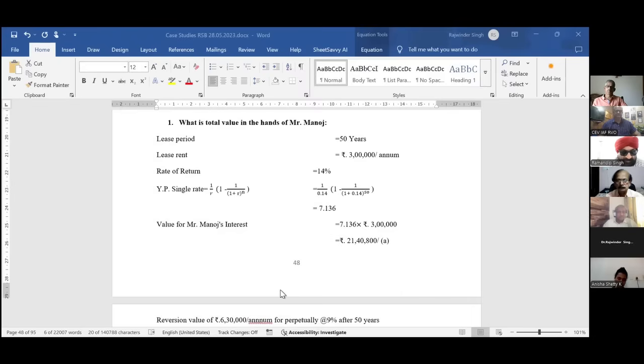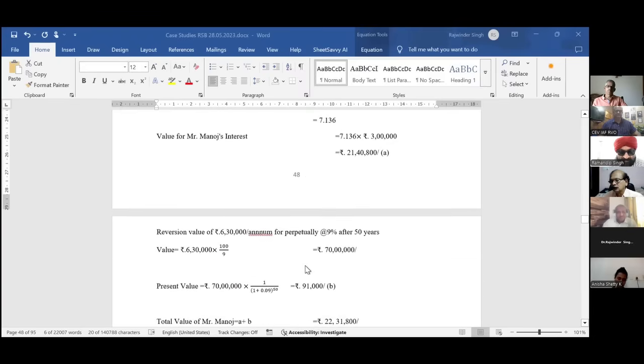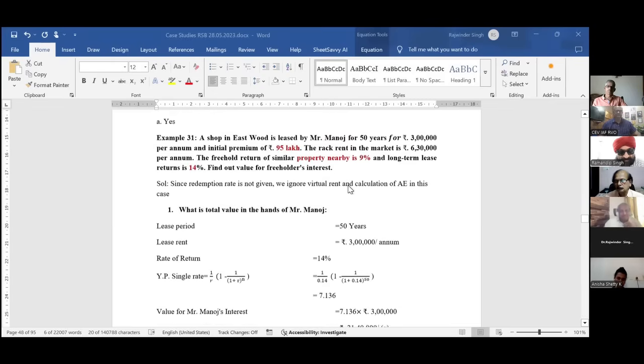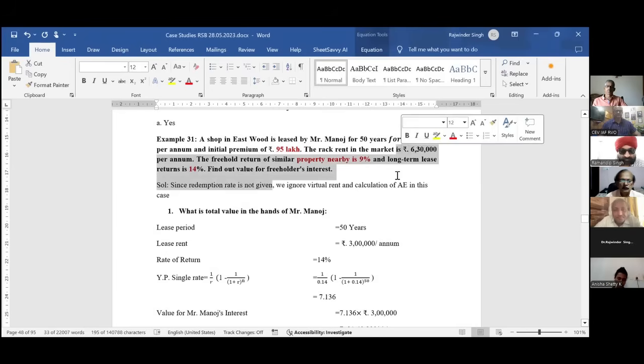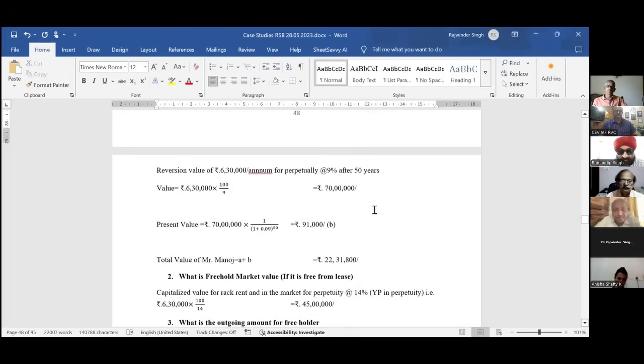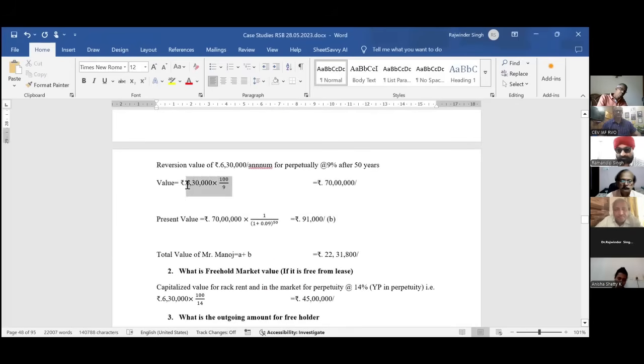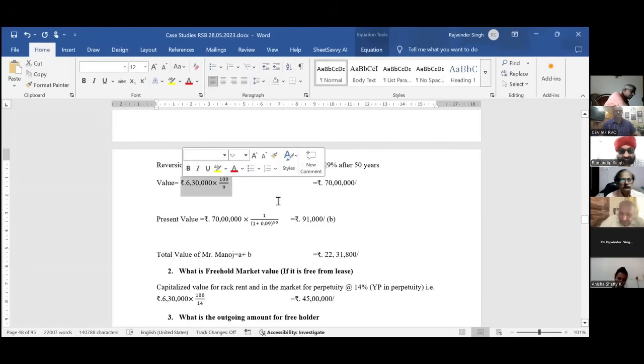Approximately similar value. So then next he will be getting rupees 6,30,000 after 50 years perpetually. So you apply YP perpetual: 6,30,000 into 100 upon 9.